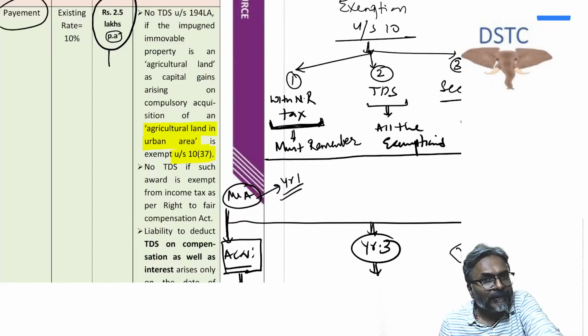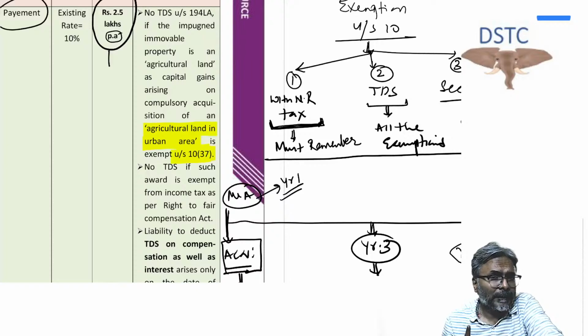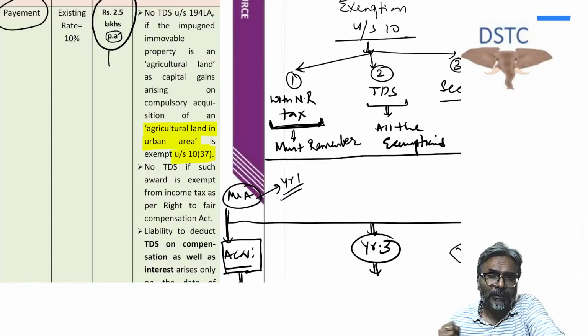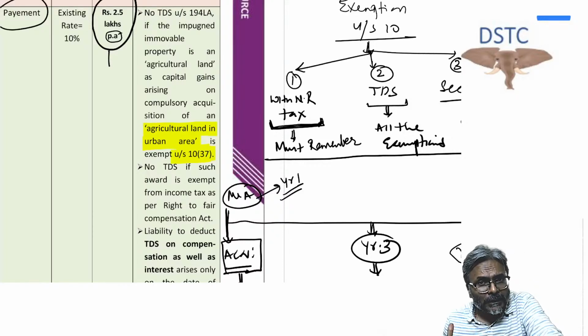So to give the benefit to them, if there is a compulsory acquisition, students, first tell me one thing. Is an urban agricultural land a capital asset? The answer is yes, it is a capital asset. Rural agricultural land, is it a capital asset? The answer is no. So on a transfer of rural agricultural land, will there be capital gains? There is no income.